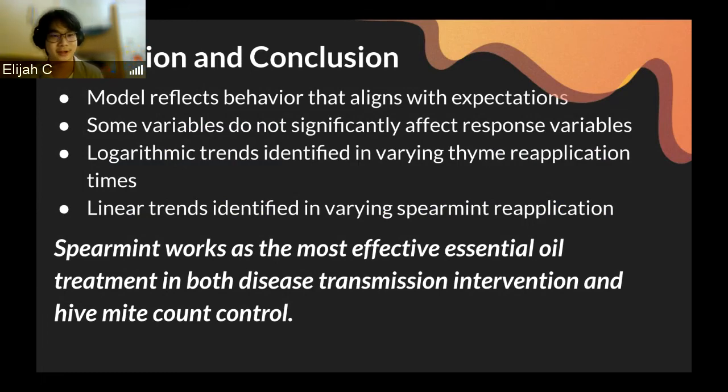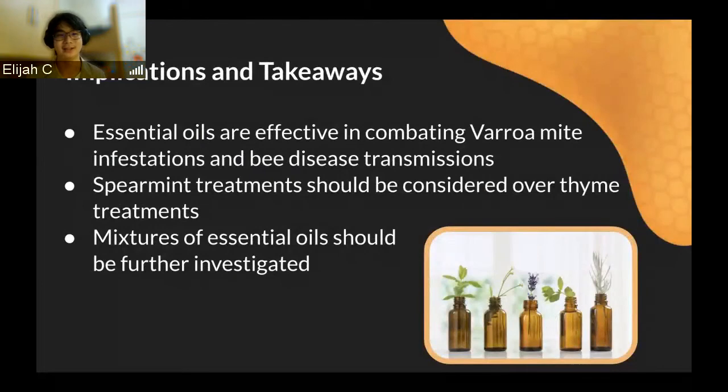And so finally, moving on to the implications and the takeaways of our model, we do recognize the fact that our model isn't perfect. There are still a lot of things that we could go back into and further refine, just to make sure that the outcomes that we get are better.